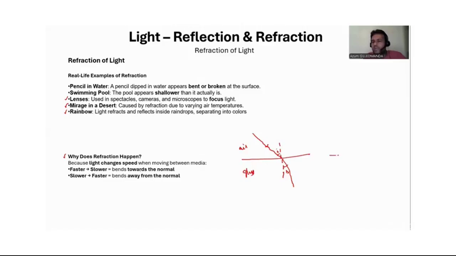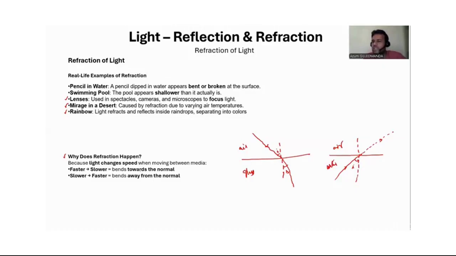Now, what happens if a light ray is coming out of the denser medium? Let's say this is an incident ray now, right? I draw a normal here. This is the angle of incidence. If there is no refraction or bending, no speed change, it should ideally have followed the straight line path, right? But because this is a denser medium, let's say water, and this is air, it is moving from a denser to a rarer medium.